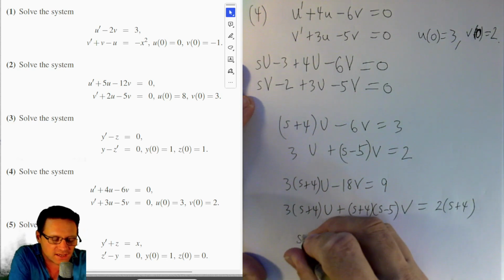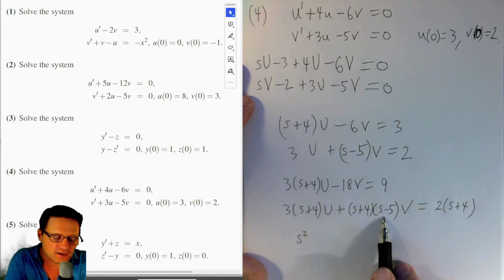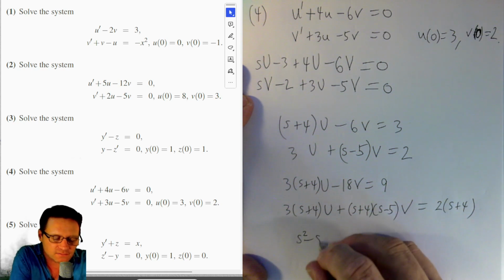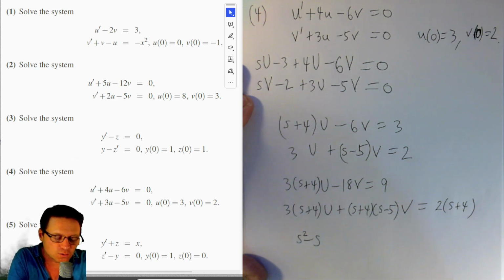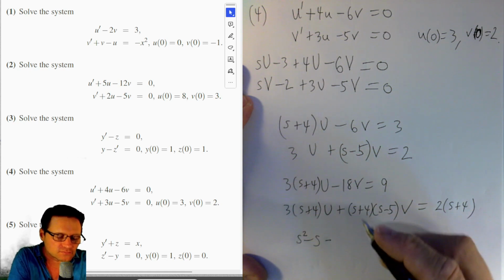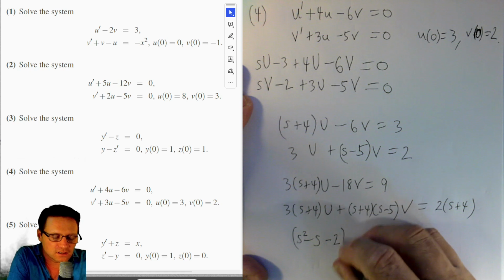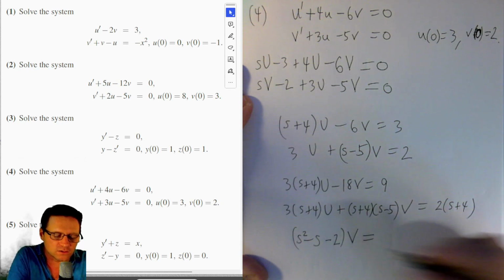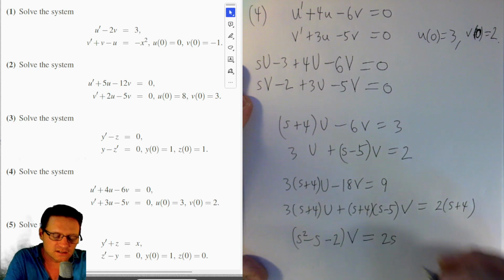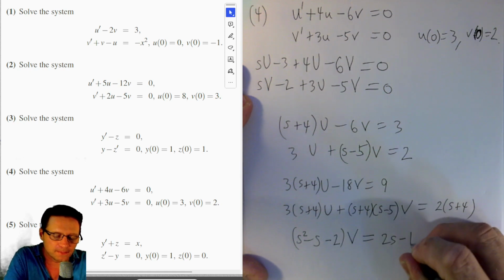All right, so we have s squared for s times s. Then we have minus s. And then we have minus 20. But then plus 18 gives us minus 2. And that's all times V equals 2s plus 8 minus 9, which is minus 1.